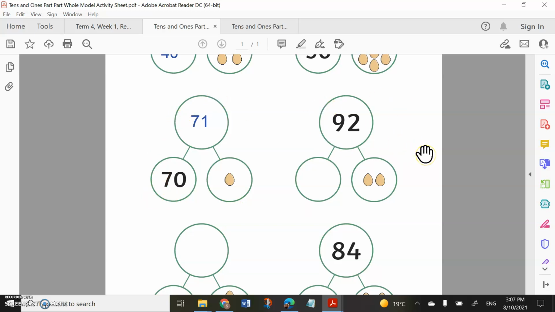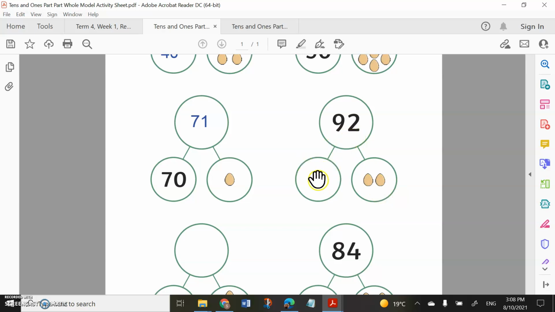Now let's jump over to this number here. Oh, this is a big number. 92. So I know that there's 9 in the tens column. So I know that that's a 90 and there's 2 in the ones column. And let's have a look. I can see the 2 little eggs. 92.